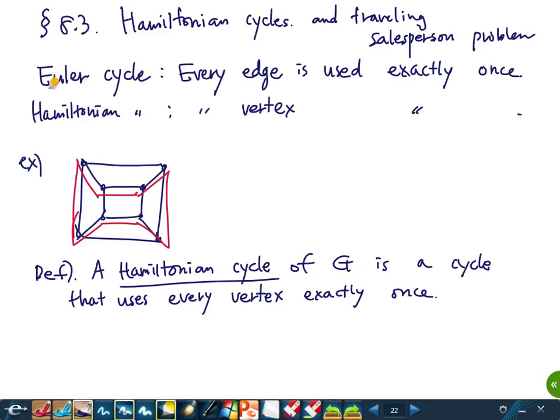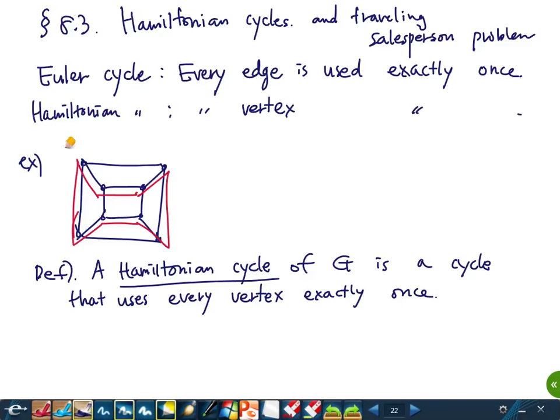So for Euler cycle, there is a very simple way to check whether a given graph has an Euler cycle or not. Do you think it's also easy to find a Hamiltonian cycle? At first, this may look simpler because with Euler cycle we have more edges, but here we have fewer. We only have n edges if there are n vertices, because every vertex is used exactly once.